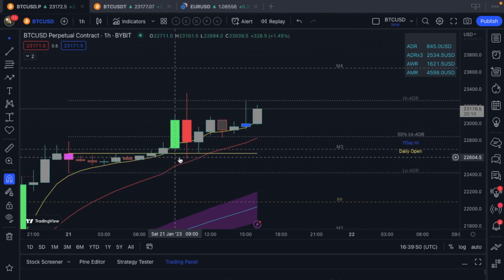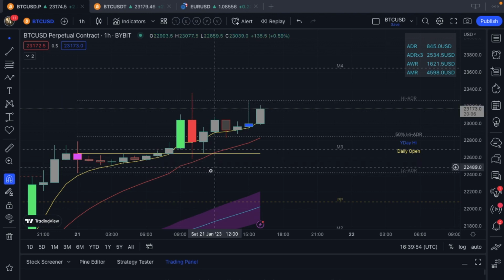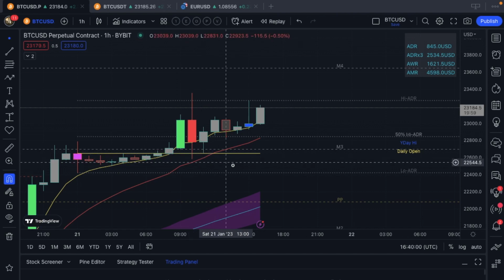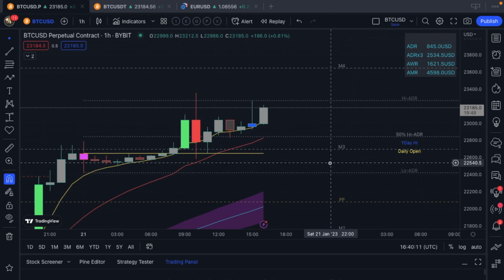That's usually the way these things are going to play out. If you get a hit off the ADR, either high or low, then price will reverse and come back down to test the daily open. And sometimes it will actually come down and get the low of the ADR as well. It depends how nasty New York is feeling, because that generally happens in New York sessions.